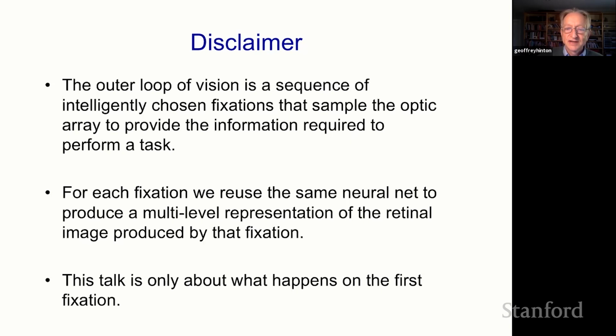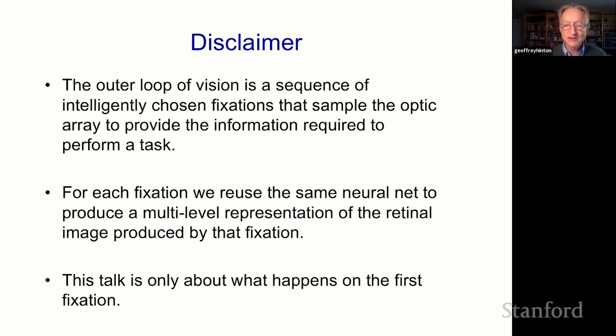And that gives you a sample of the optic array. It turns the optic array, the incoming light, into a retinal image. And on your retina, you have high resolution in the middle and low resolution around the edges. And so you're focusing on particular details, and you never, ever process the whole image at uniform resolution.